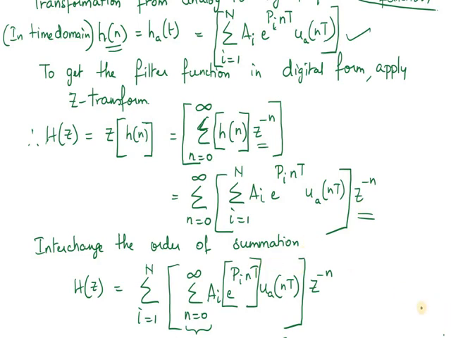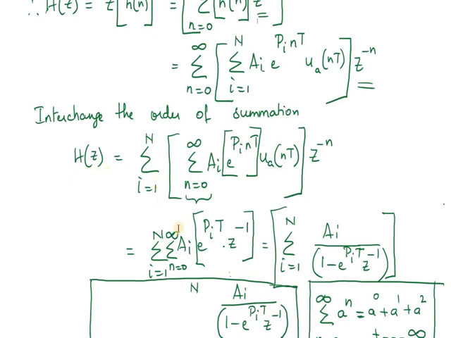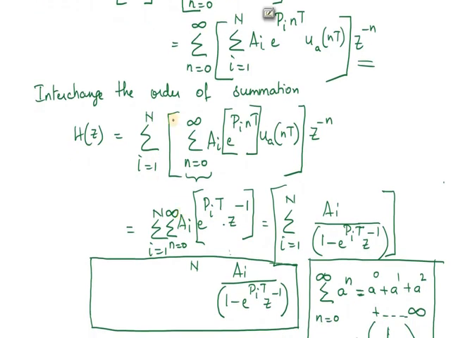Now we need to interchange the order of summation. So H(z) is equal to summation i equal to 1 to N, then the other summation n equal to 0 to infinity, Ai e raised to Pi nT into ua(nT), then the z raised to minus n term.